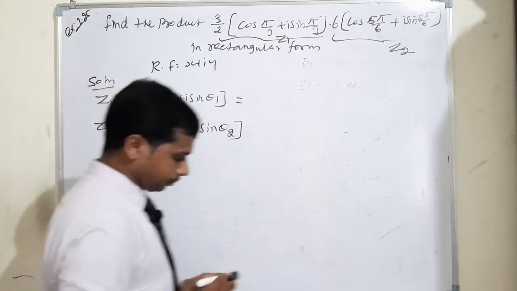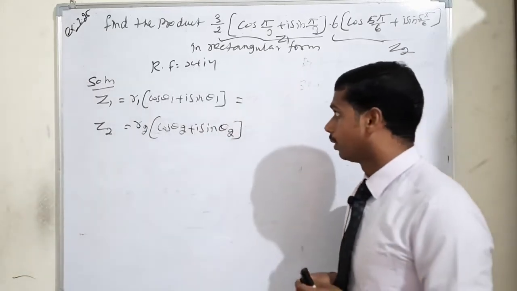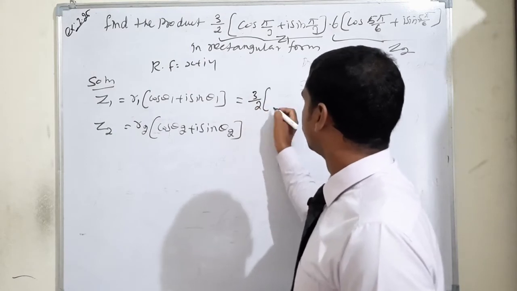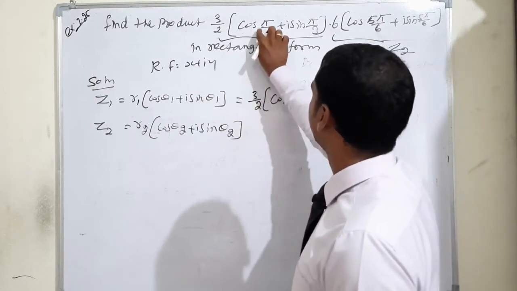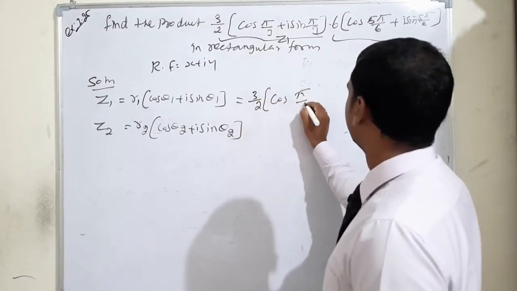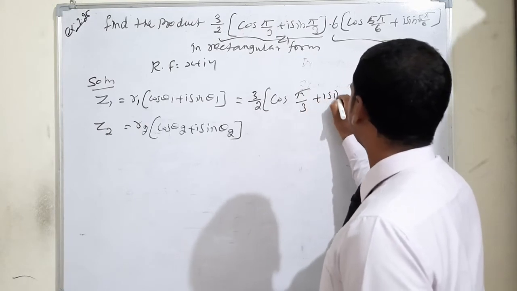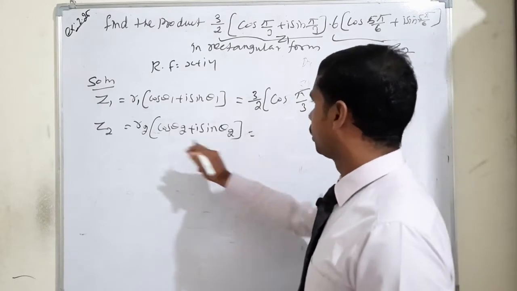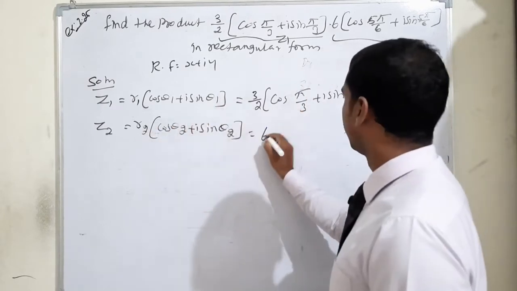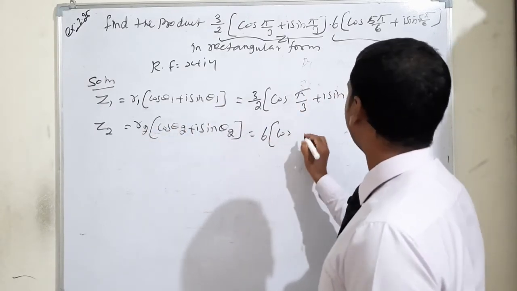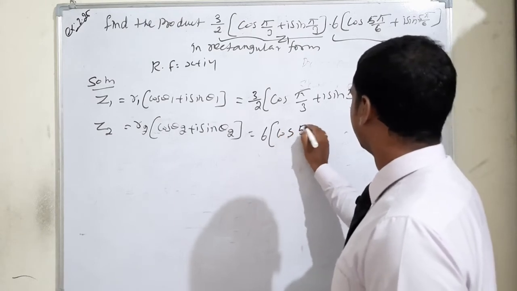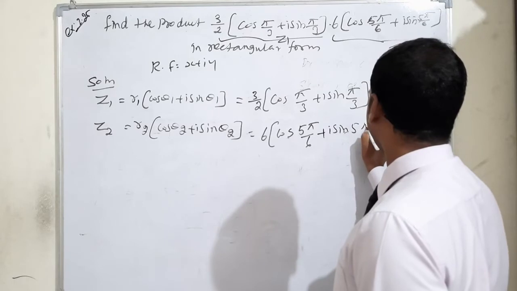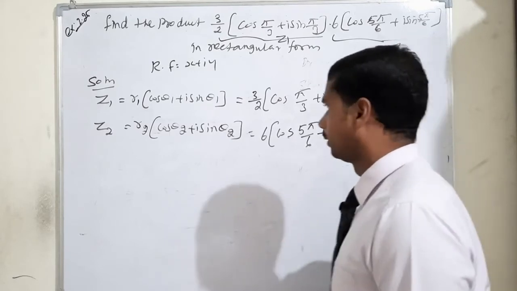Now R1, what is the value? 3 by 2. Then cos of theta 1 equal to pi by 3 plus i sin pi by 3. Then R2 is equal to 6 into cos of 5 pi by 6 plus i sin 5 pi by 6.